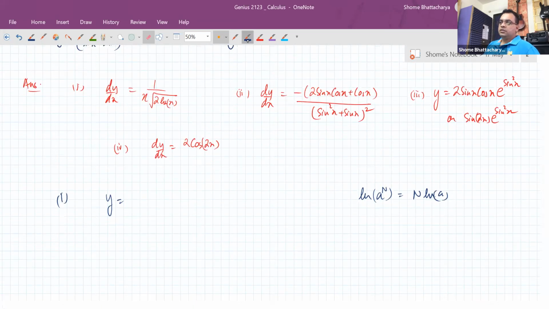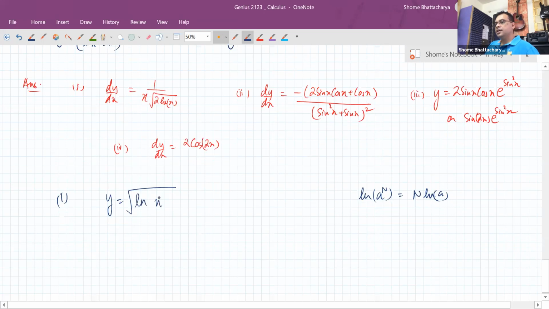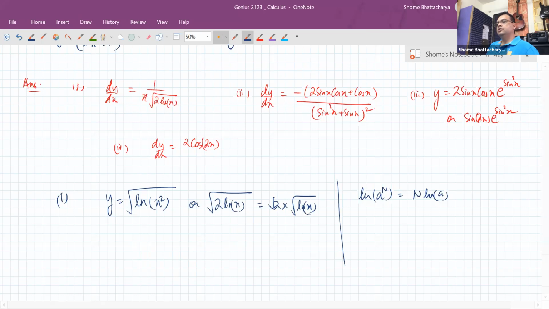Anyhow, you understood the simplification step. Instead of starting with chain rule, we can first simplify this as square root of 2 ln x, thereby taking the square root 2 as a constant outside. So this is basically root 2 multiplied by root of ln x. So that's one method. Now you can take ln x as z.